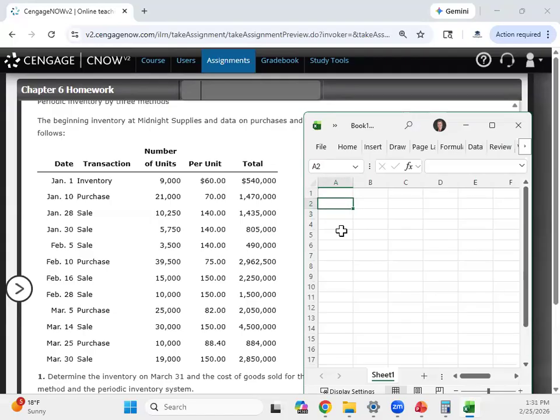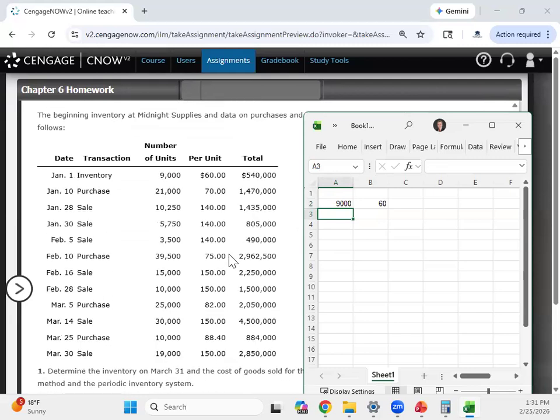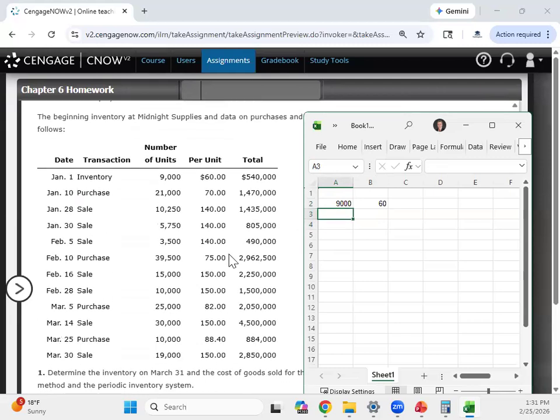For inventory available for sale, we had 9,000 units to start at $60 per unit. Then we had a purchase of 21,000 at $70 a unit. We'll just do the purchases first and the sales later.